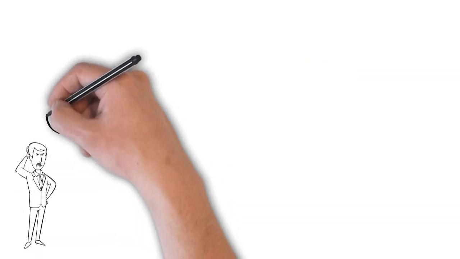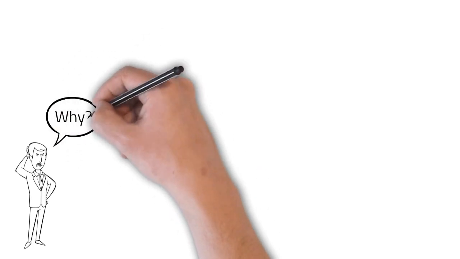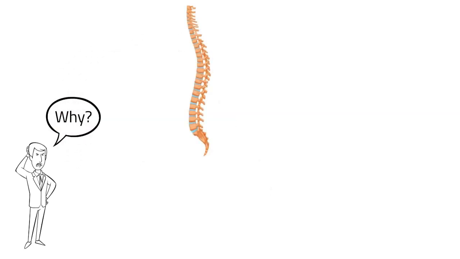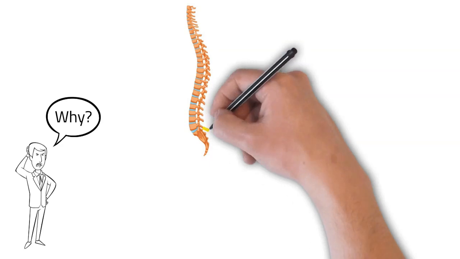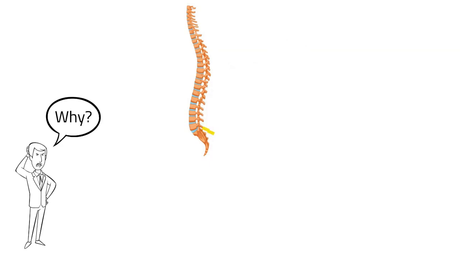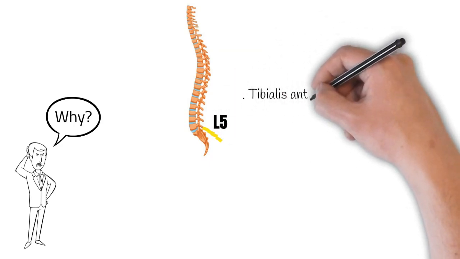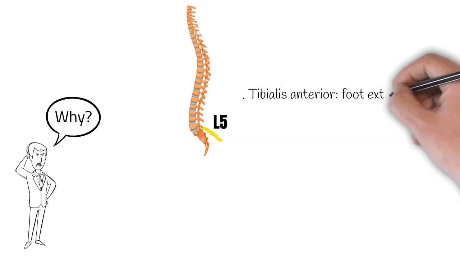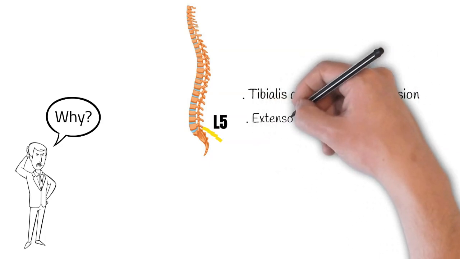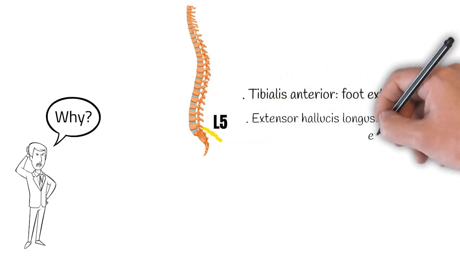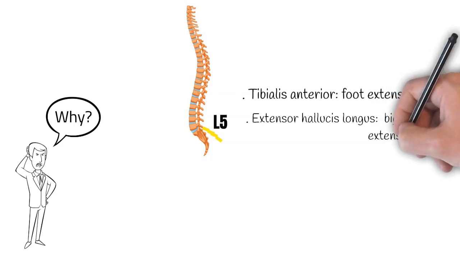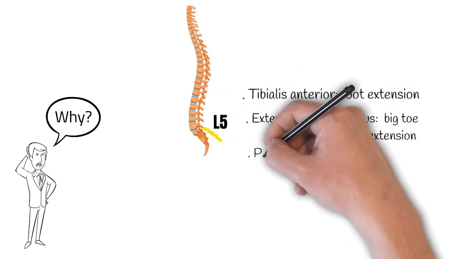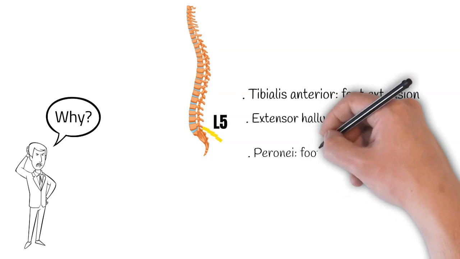So to understand the difference in foot drop pattern between the two pathologies, we have to understand the exact anatomy of the L5 root and the common peroneal nerve. The L5 root supplies different muscles in the leg through different peripheral nerves. We have the tibialis anterior muscle responsible for foot extension, the extensor hallucis longus for big toe extension, also the peroneal muscles for foot eversion.